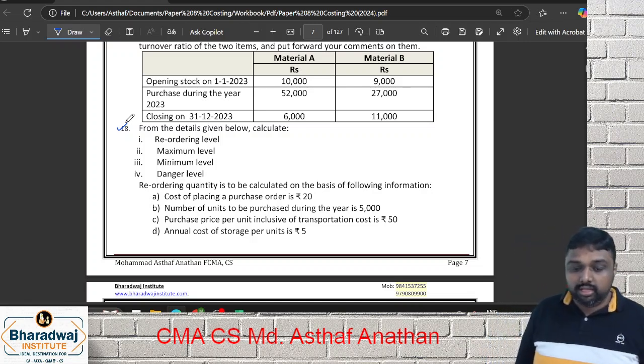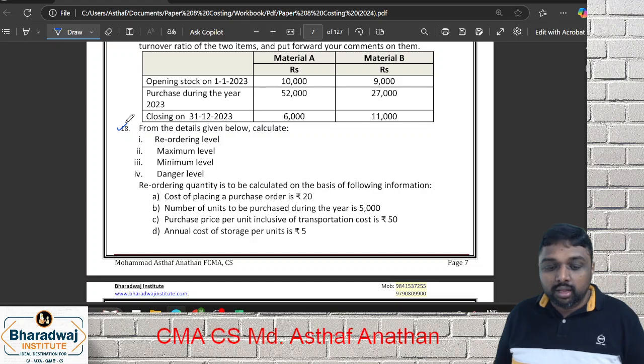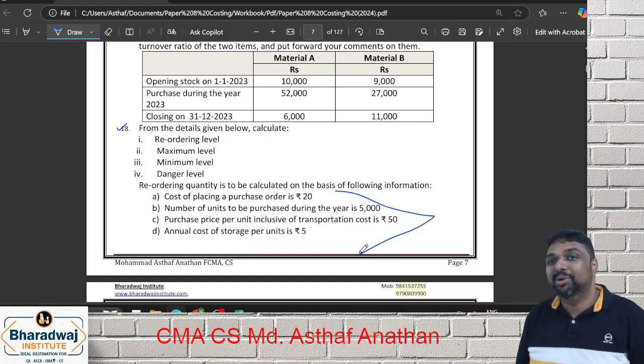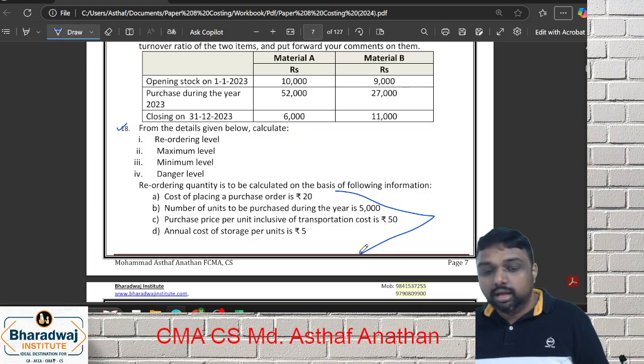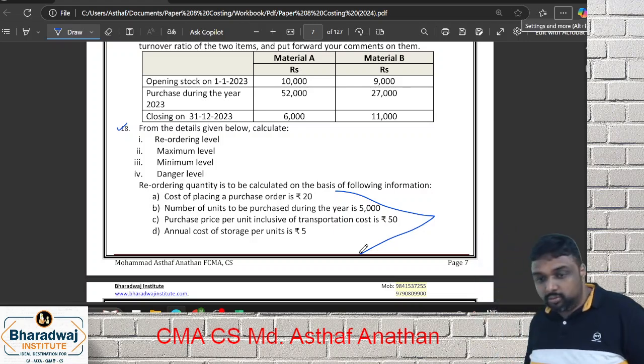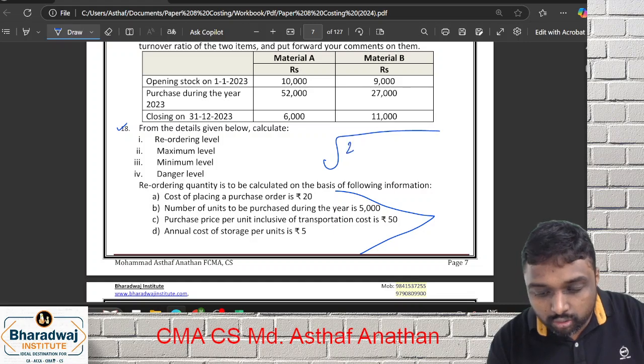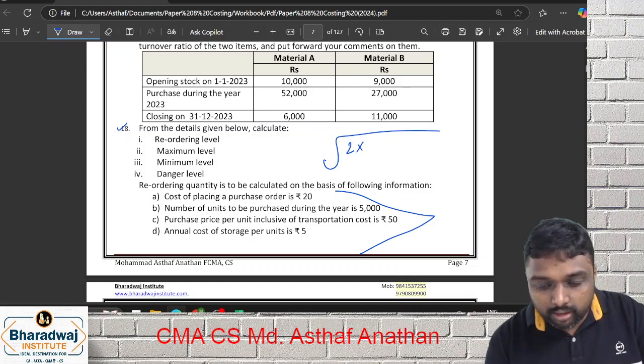Reorder quantity is given with the cost of placing the order. This is the clue: reorder quantity we have to do with EOQ. So what will be the formula, friends? Root of 2 into annual requirement, 5,000, into cost of placing the order, 20.